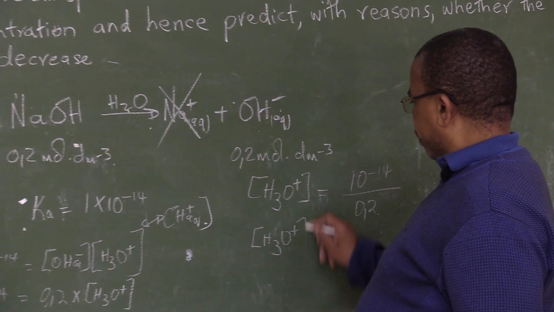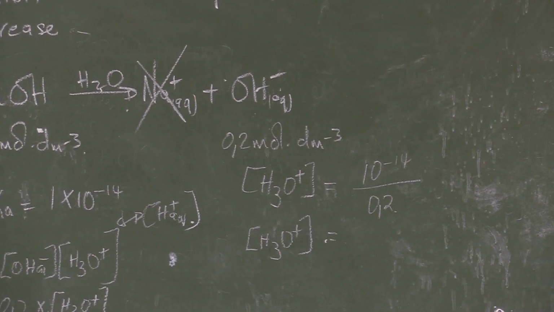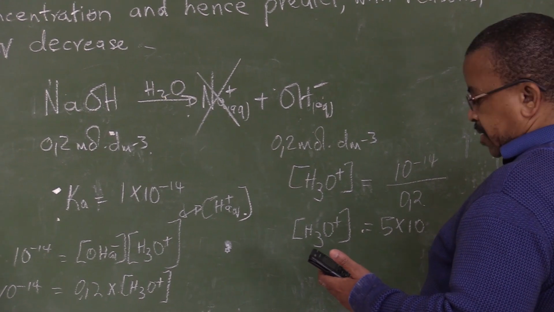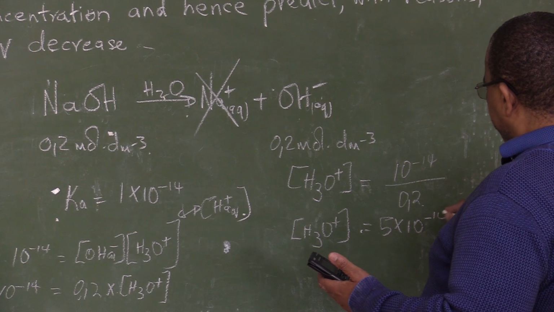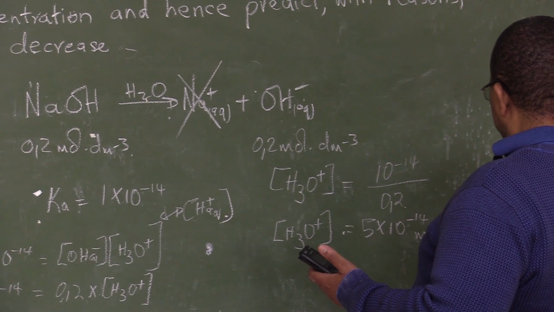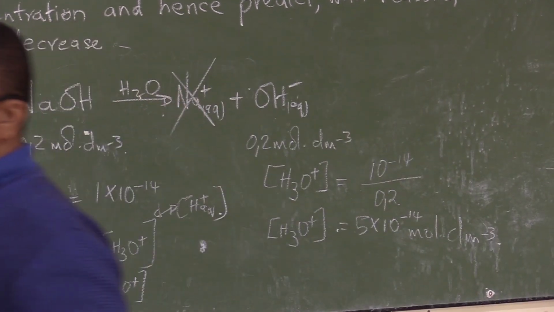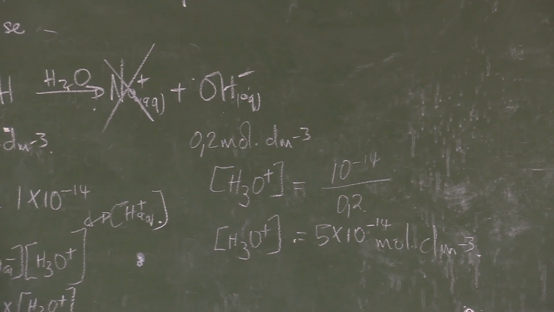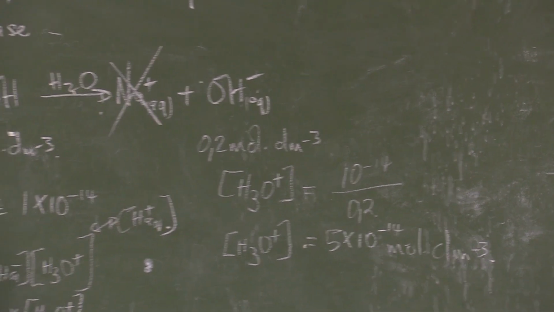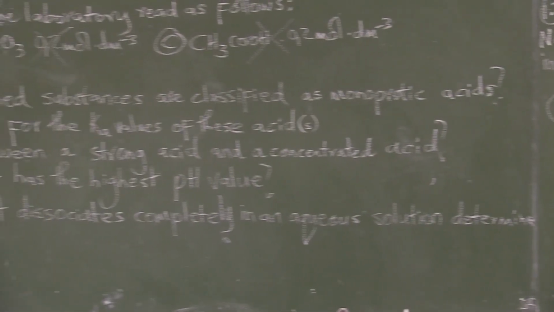We get 5 times 10 to the power minus 14 mole per cubic decimeter. That is the concentration of H3O plus. So this is how we got that answer.